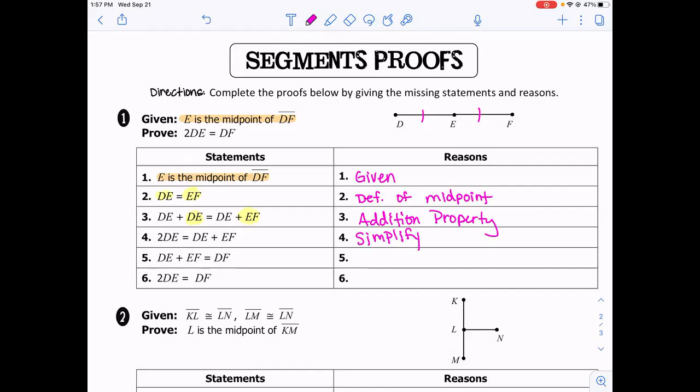Okay, now at this point, I want 2DE to equal DF. Well, I have the 2DE part, but I need the other side to equal DF. So look at this.